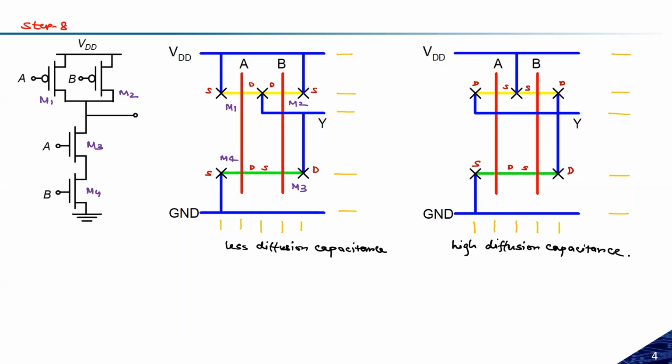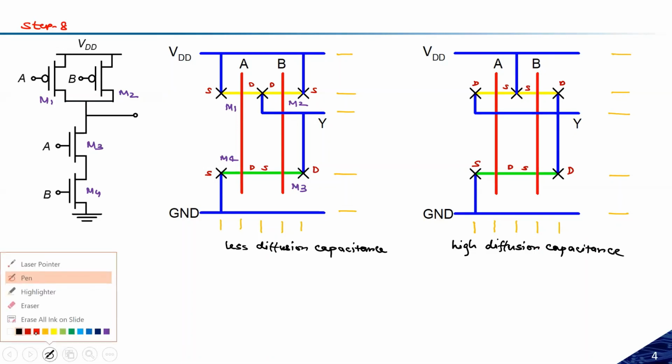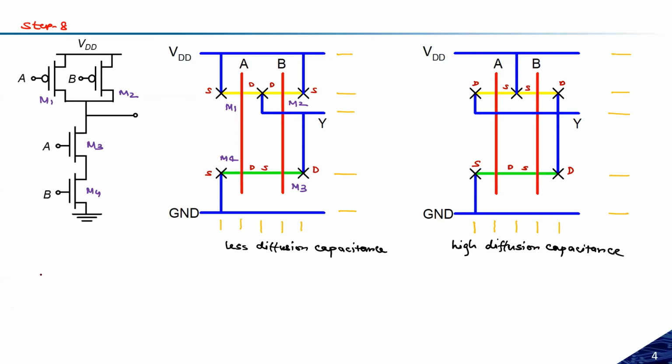I will take one more minute, then I will finish it up. Okay, step 9 is the area. Can anyone calculate what is the area exactly? If you see here, 1, 2, 3, 4, 5 and 4 gaps.